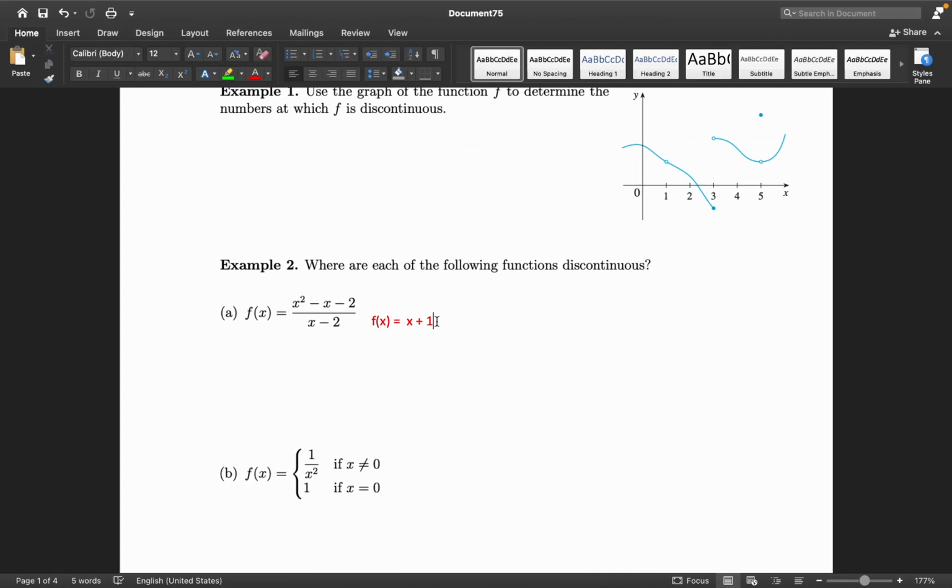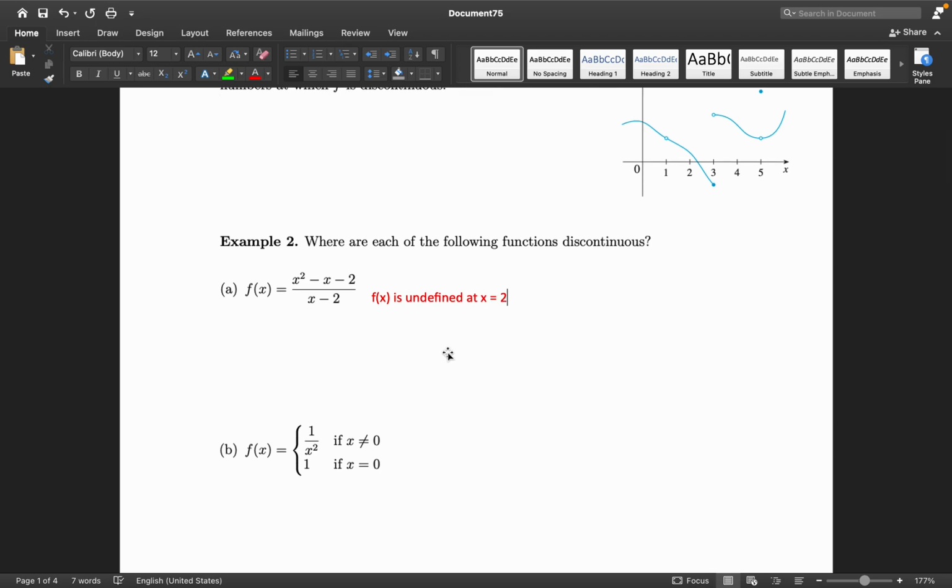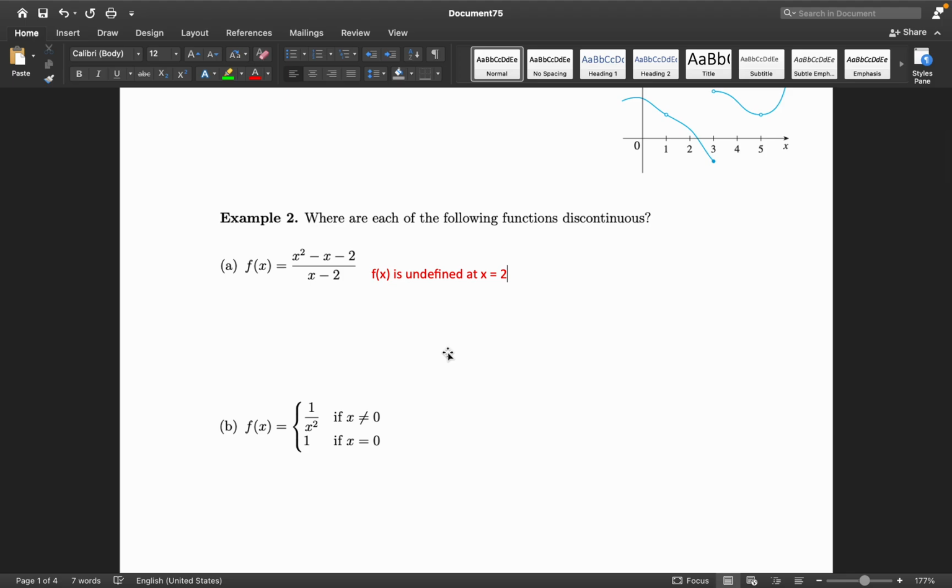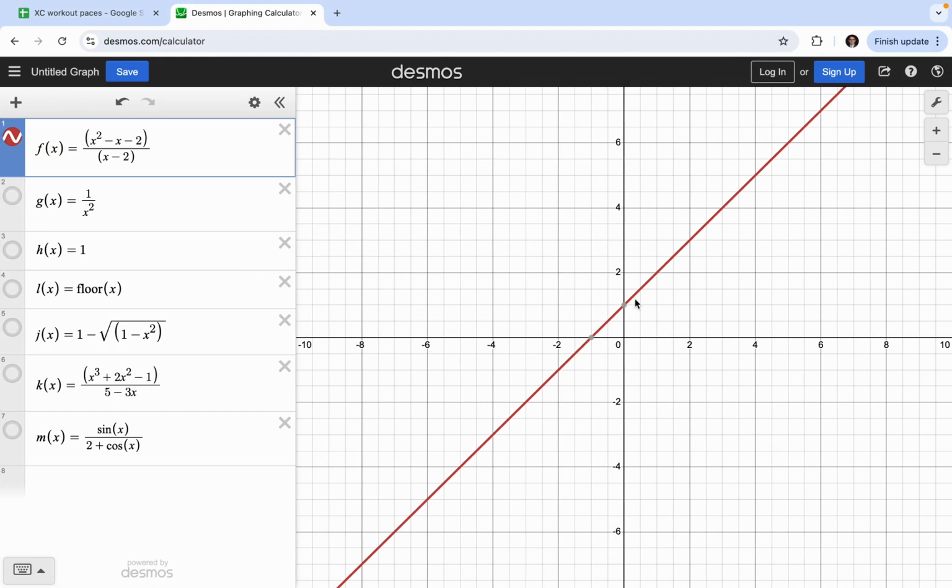So this would be undefined at x equals 2. It's discontinuous at x equals 2. So is the limit from the left-hand side a number? Yeah. And I've got the same number as the limit from the right-hand side, but it's discontinuous. There's a hole at 2.